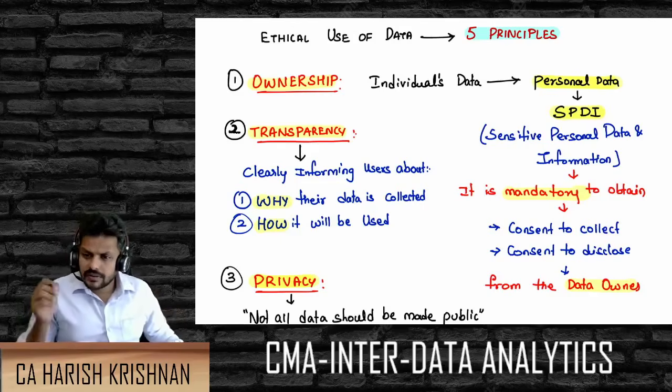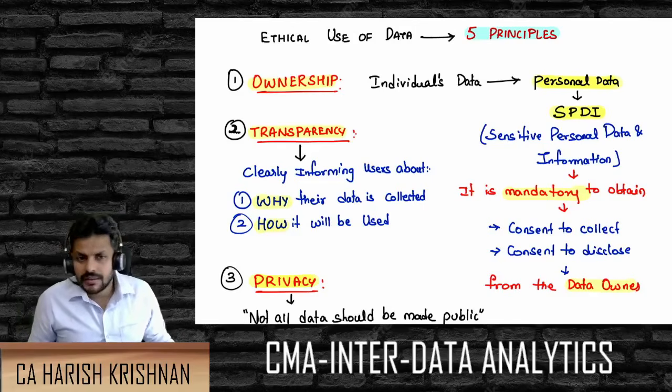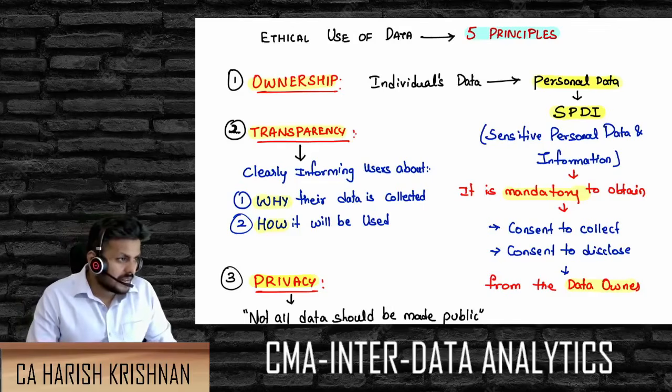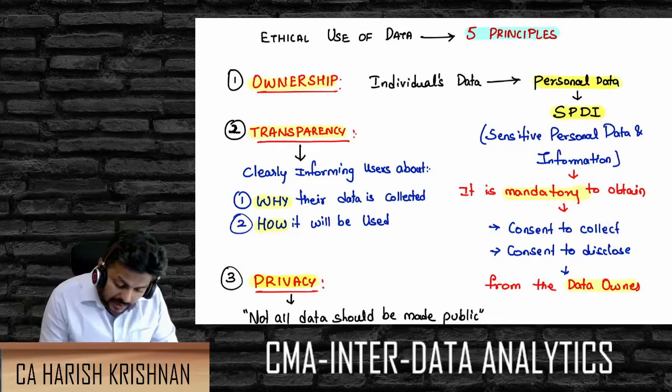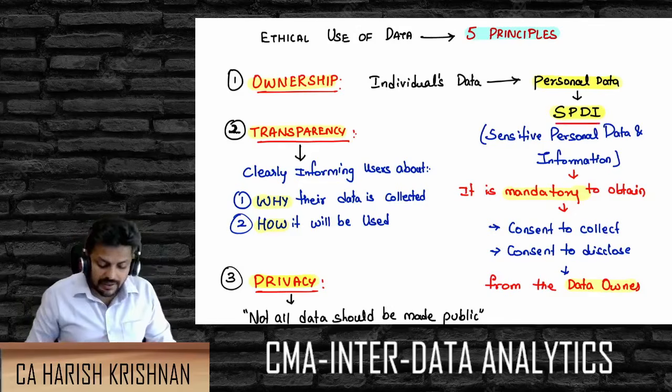So guys, this is a very repeated question in the exam: ethical use of data. So focus on what exactly are the 5 principles. The first principle is regarding ownership. Regarding ownership, an individual's personal data, sometimes called SPDI, which is sensitive personal data or information.